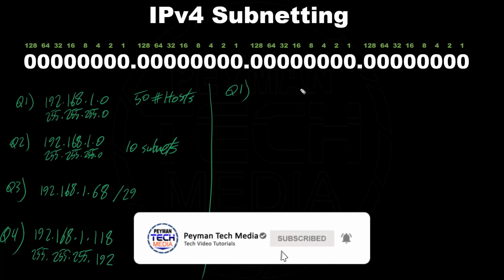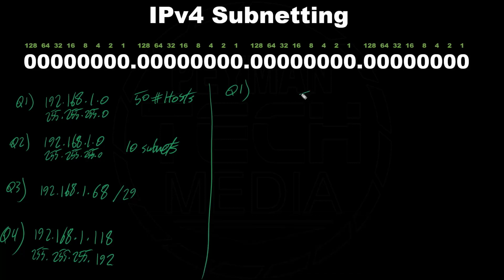And earlier we talked about how to find the number of hosts. So number of hosts is 2 to the power of host bits minus 2. We also talked about going from right to left at the bottom, starting with number 2. That's the number of hosts. So 2, 4, 8, 16, 32, 64.